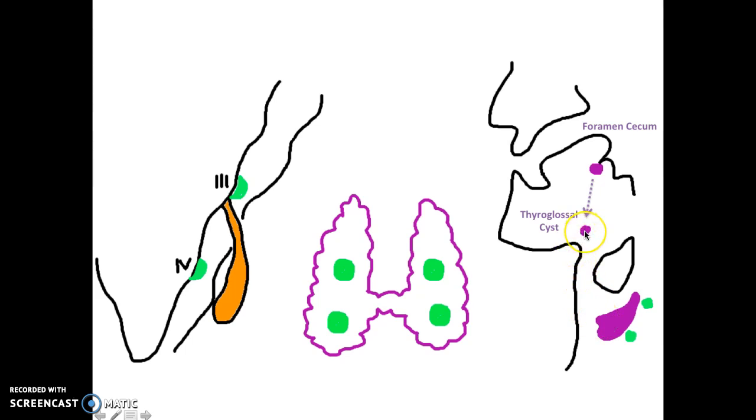But if it gets stuck en route, then you can get a thyroglossal cyst, which you might hear a little bit more about in ENT or surgery. Otherwise, the thyroid will continue migrating as a whole down to its final origin. You can see where that is, right next to the parathyroid glands.